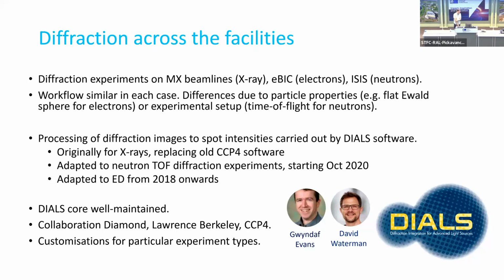Each of these diffraction techniques has a very similar workflow, but of course there are differences. For electron diffraction, you have a very flat Ewald sphere, which messes up some of the standard data processing. For neutron diffraction, you have to process the time of flight data.